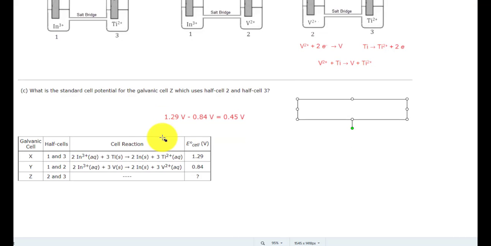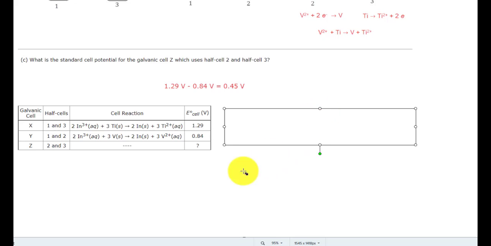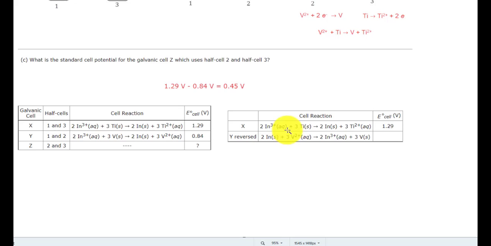This is, I think, the longer way, and the method of doing it is to realize if you reverse Y, you take this around, these two reactions will add up to make our vanadium reaction. You'd have the indium plus 3 canceling out, the indium plus 3 canceling out. You'd have the indium solid canceling out, and the indium solid canceling out.